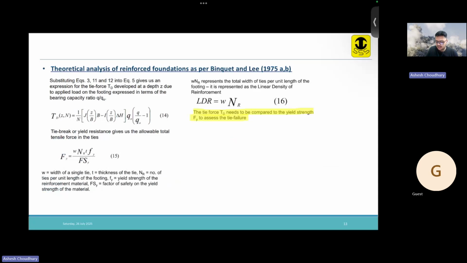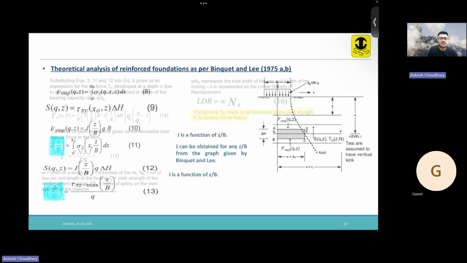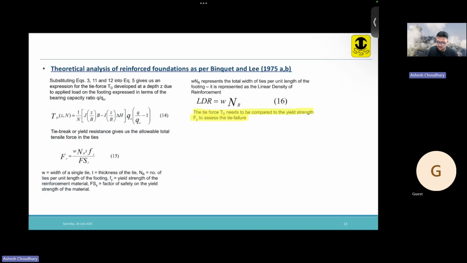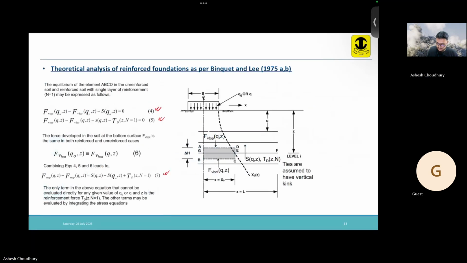Next, we continue the same theoretical analysis. We substitute equations 3, 11, and 12 into equation 5, which gives us the tie force.